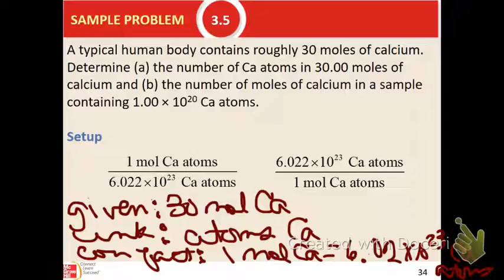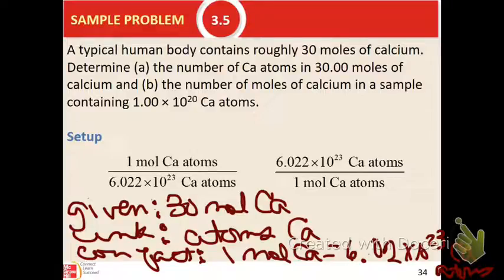That's my conversion factor that I'm going to use. And you need to know that. How did I know that it was going to be an atom and not a molecule? I know that because calcium is an element. And since calcium is an element, I know that my smallest piece of an element is an atom.